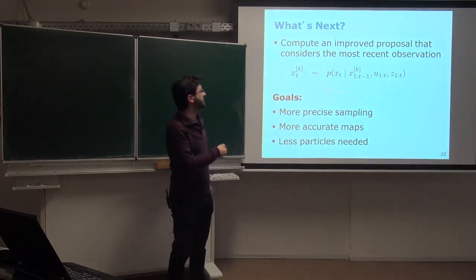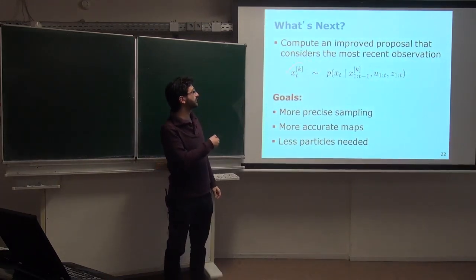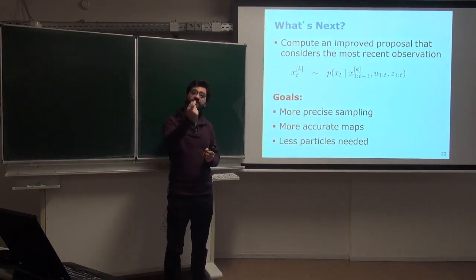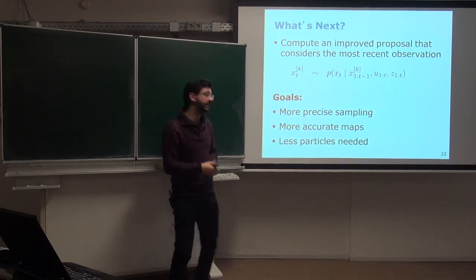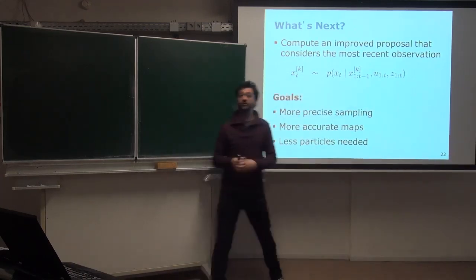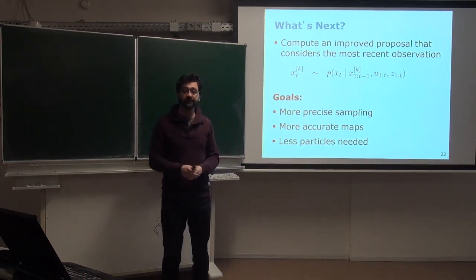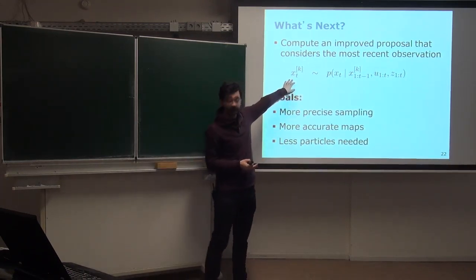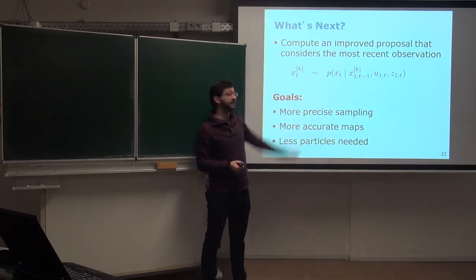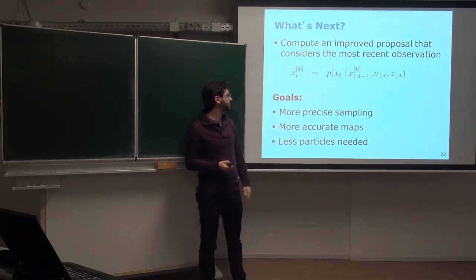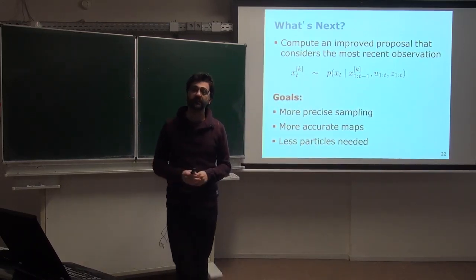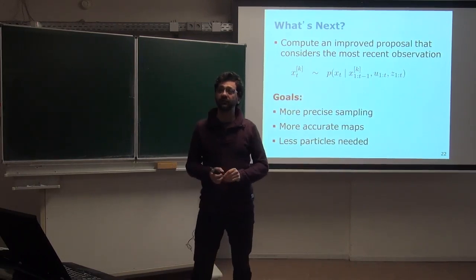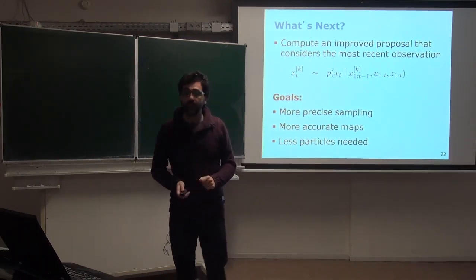So this is basically the target distribution for the single step, the single sample that should be attached to a trajectory, given that this is the trajectory we want to attach it to. If we are able to sample directly from there, then we will have better sampling, maps which are more accurate, and also the need to use fewer particles.